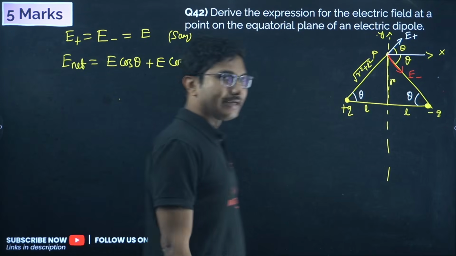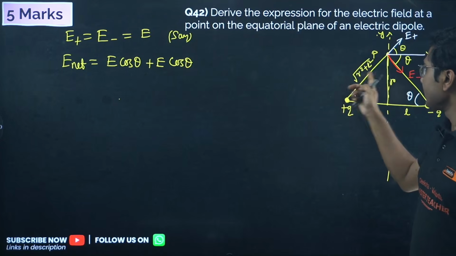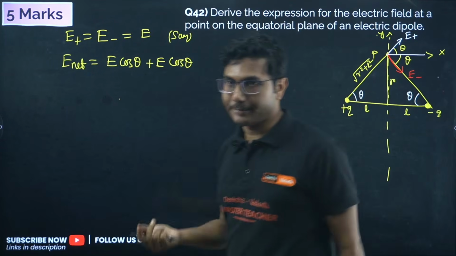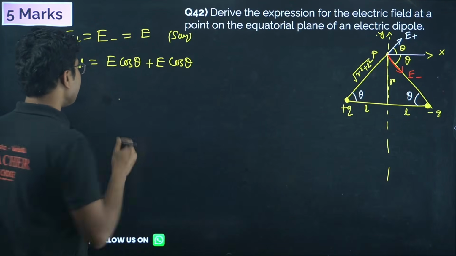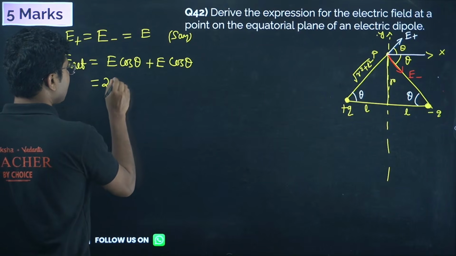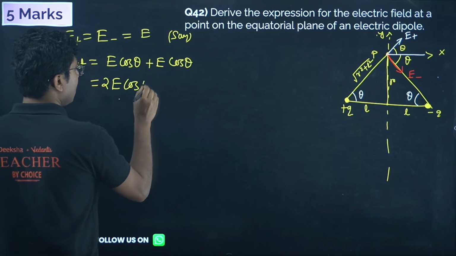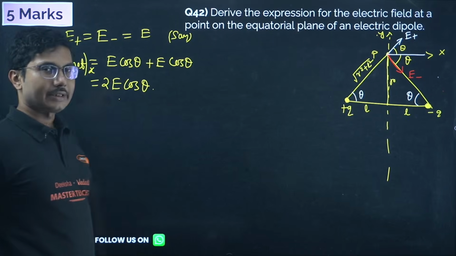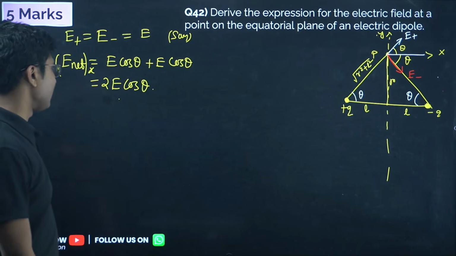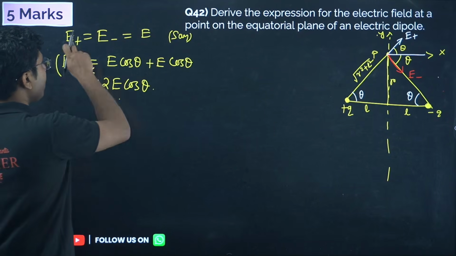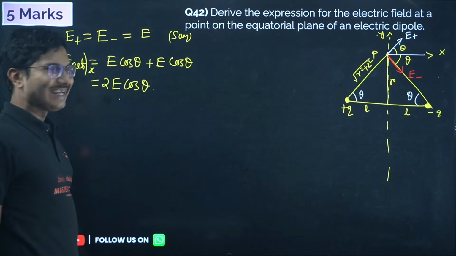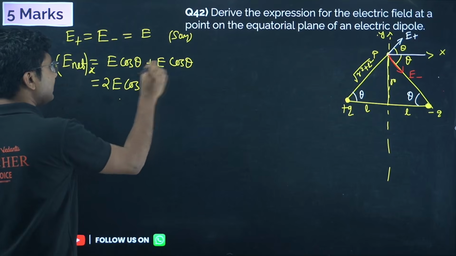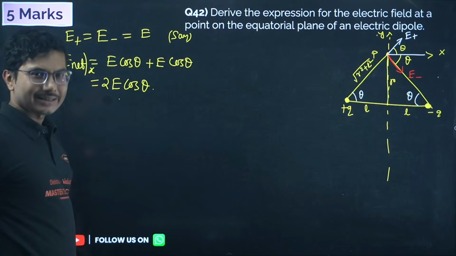Now both are magnitude wise same, because distances are same, magnitude of the charges are also same. So it will be 2E cos theta. Okay, E net is only along x direction, y direction electric field is 0. They cancel each other. Both of them same magnitude, that's why I am writing E. You can write one more line, E plus, E minus, then write E, and then you can add it.